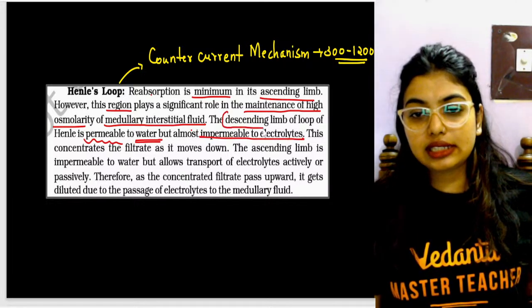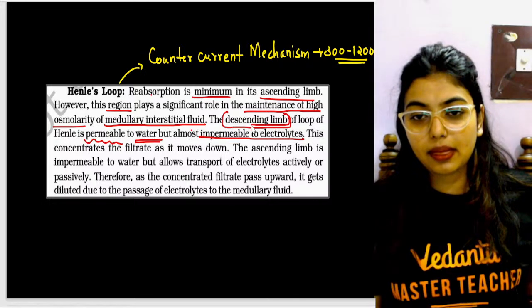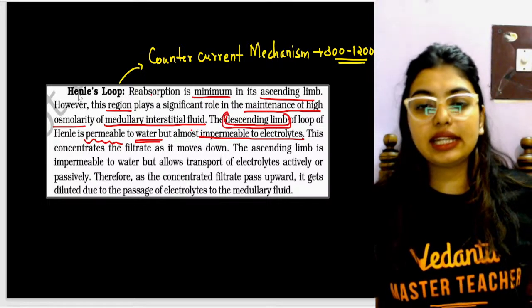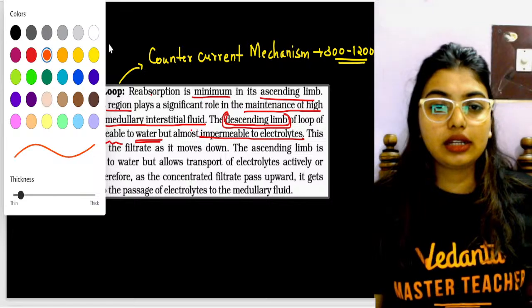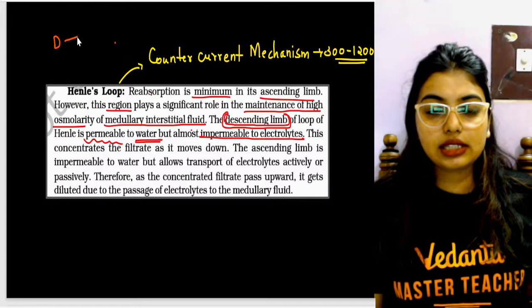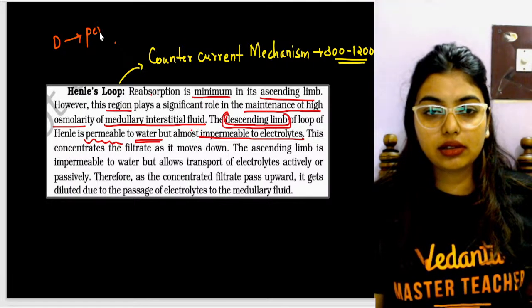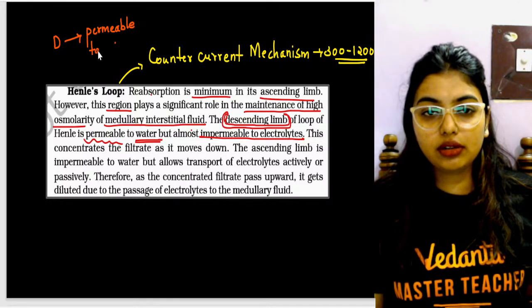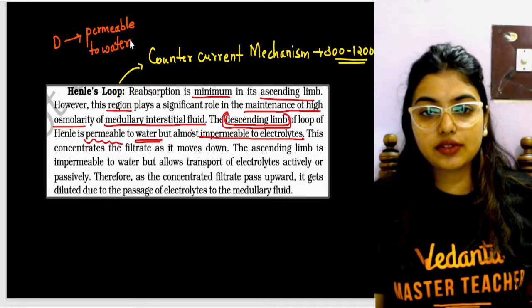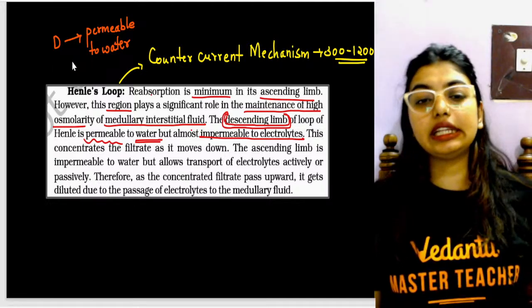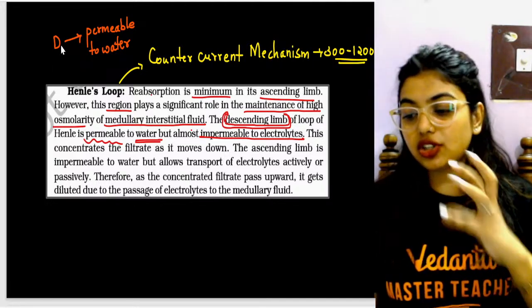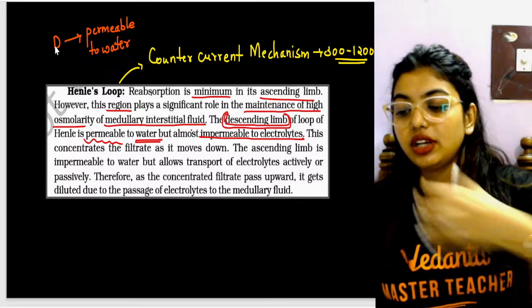Who? Descending limb. So descending limb, so D, is permeable to water. Imagine your friend Dikshi is permeable to water. That means she loves drinking water, but she does not like any of the electrolytes.